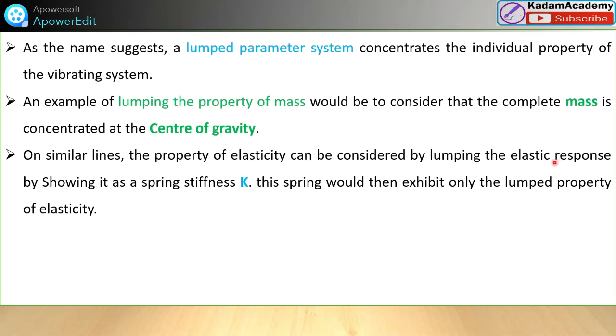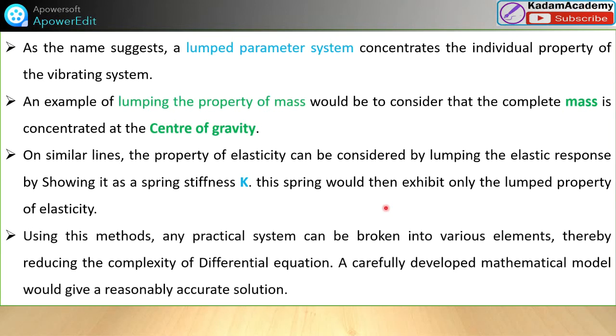This procedure replaces the vibrating physical system by a mathematical model. By converting this continuous system into a discrete system, we converted the physical system into a mathematical model for getting the solution. So in this, the rod is considered with the property of elasticity with stiffness K and the lump mass.